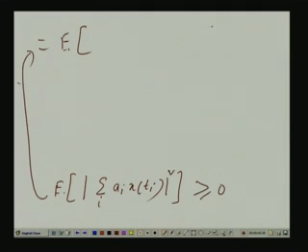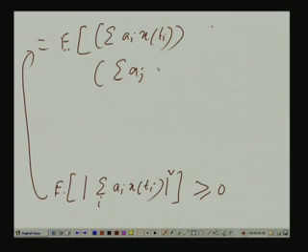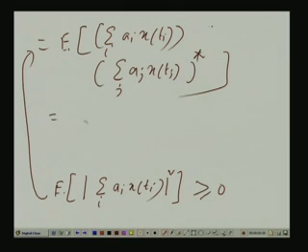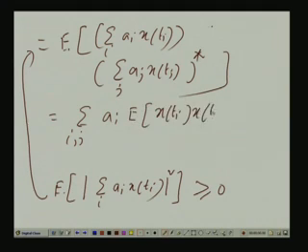But this is equal to E of the sum over i of A_i X(T_i) times the sum over j of A_j X(T_j) star. A_i and A_j are not random, so they remain as they are, and we get the expected value of X(T_i) X star(T_j), multiplied by A_i and A_j star.